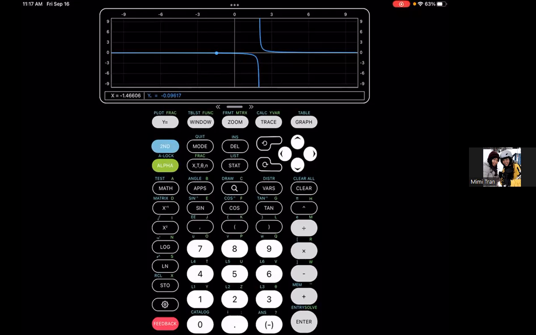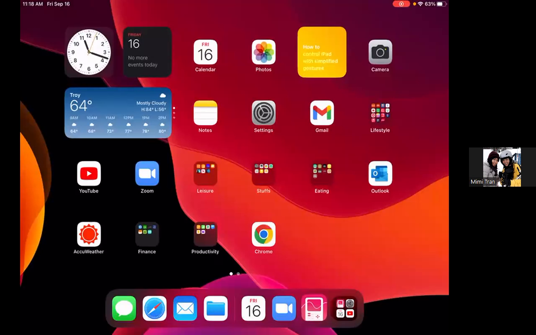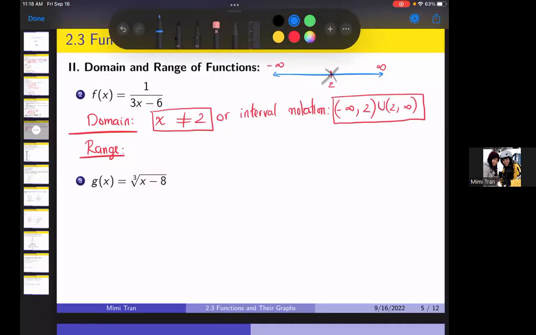It goes from where to where again? 0 to infinity, right? So let's write it down. So it goes from negative infinity up to 0, doesn't touch 0, union, skip 0, then above 0 to infinity again.